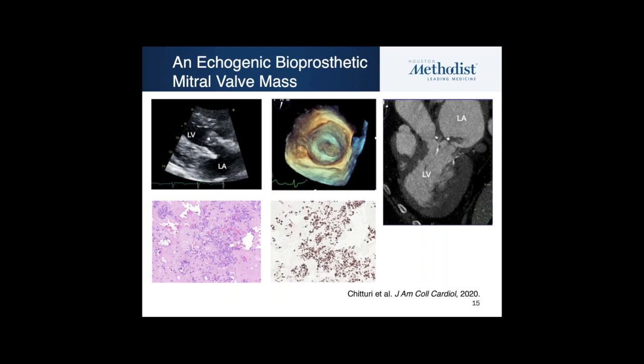And what we saw is, again, this mass in between the LV and the LA right here, and we ended up at this point deciding that surgical resection would be the route to go because she did not show significant improvement with anticoagulation and serial transesophageal echocardiogram. So at that point, we resected.